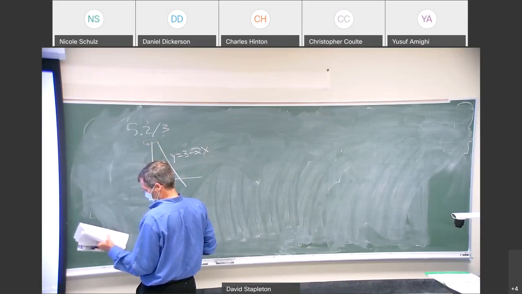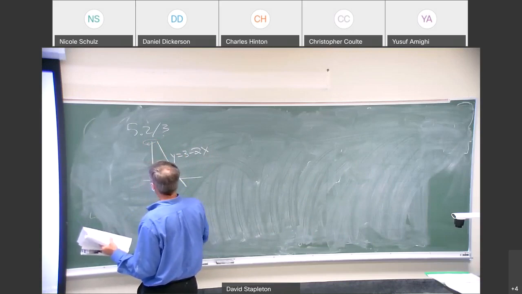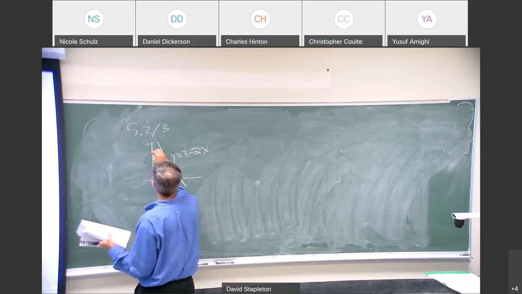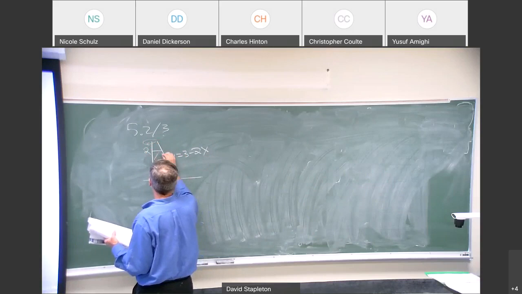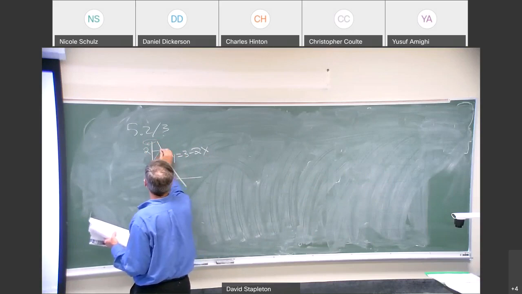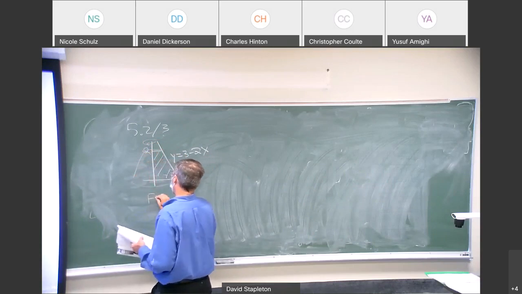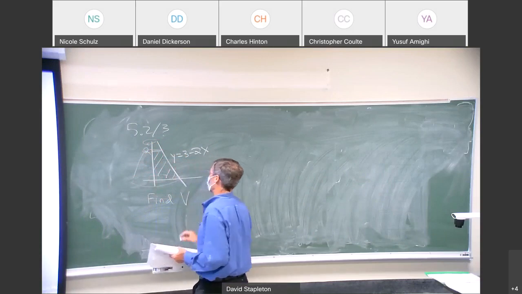Find the volume of the solid if you revolve it up to 2 here, and wherever it intersects over here. You get something like that. The volume.